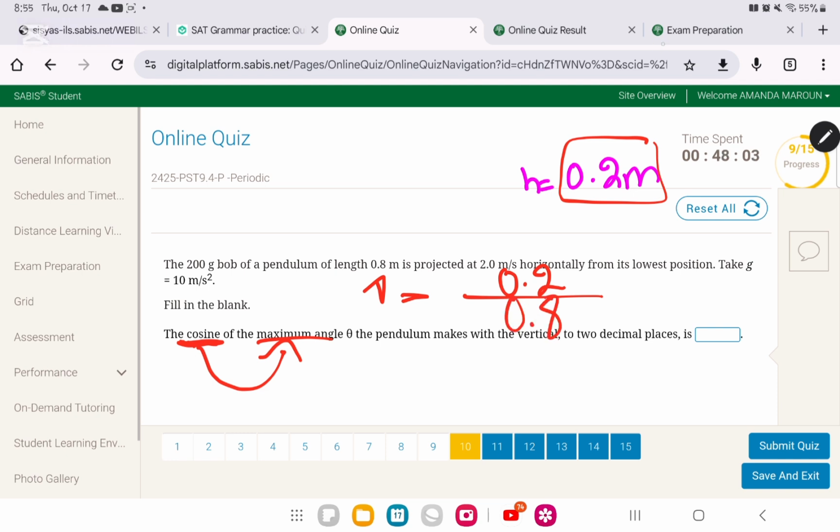So again, anytime you see cosine of the maximum angle, it is 1 minus the smaller distance over the bigger distance, and then it will be equal to what?